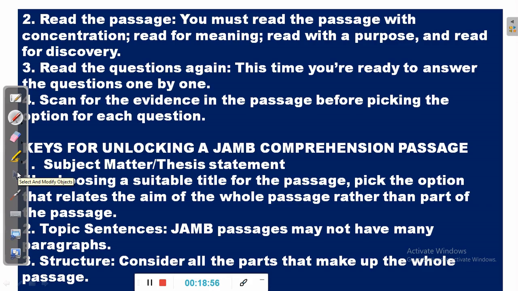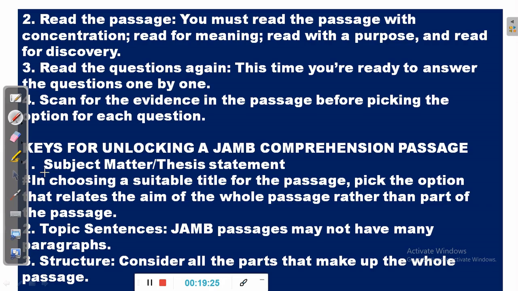For instance, the passage we are going to look at, the first passage in 2019 Jamb English Comprehension, contains 2 paragraphs. So, the body of the passage itself contains just 1 paragraph, and in that very paragraph, you find the writer discussing different ideas, different major ideas.